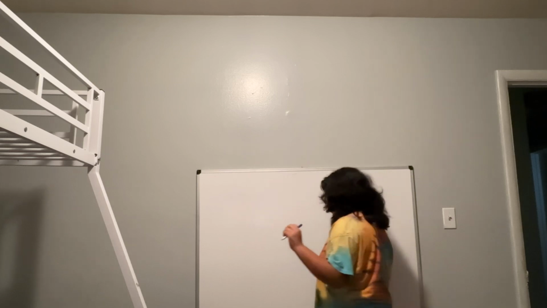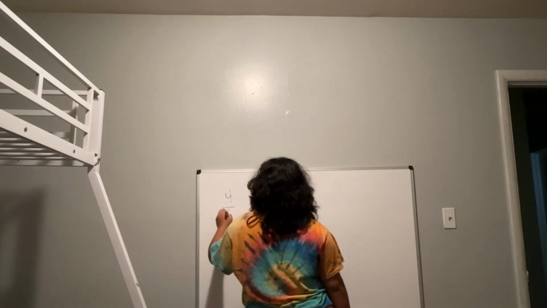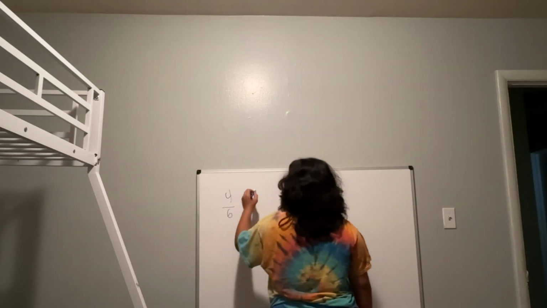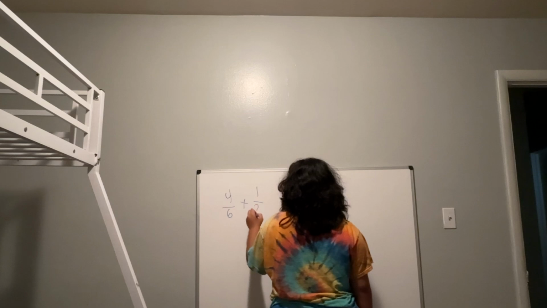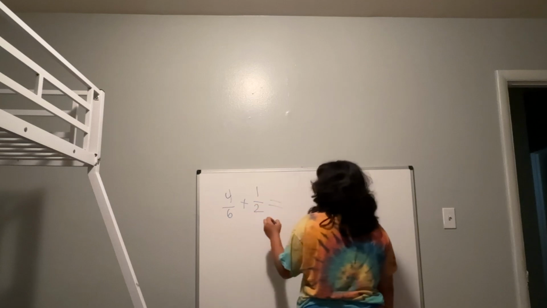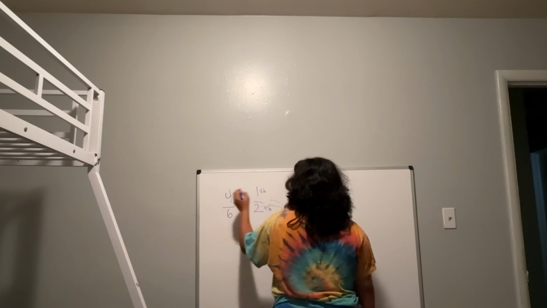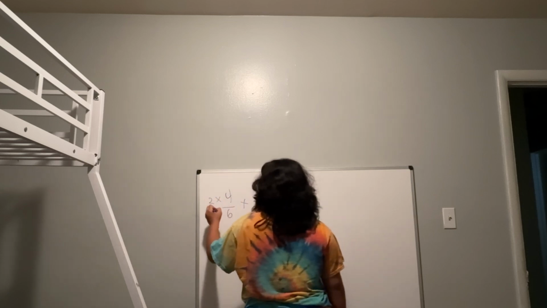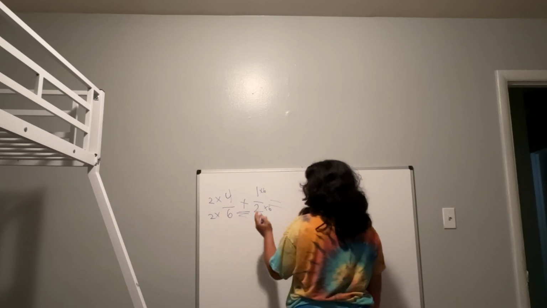Let's try a simpler one. 4 over 6 plus 1 over 2, let's say. This times 6, this times 6, this times 2, this times 2. You see how these two are the same?